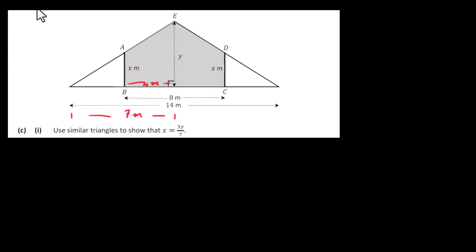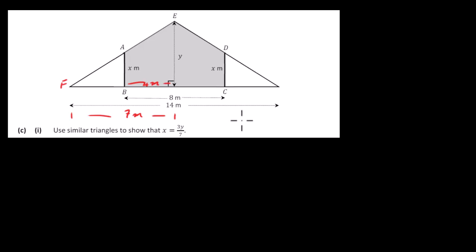Now, I don't think, but I'll go through it anyway, that you're required to actually show that these two triangles are similar. But let's do it anyway. We're looking at A, B, C, D, E. So I'm going to call this corner here F and this vertex here G, but I won't need G actually. I'm just going to use this side of the roof.